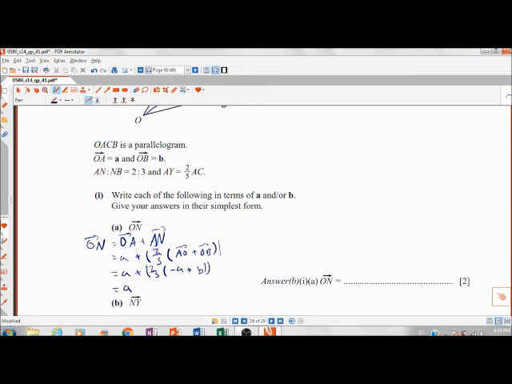So it'll be a minus, sorry, 2 over 5 of negative a plus b. Simplify that and you'd get 3 over 5a plus 2 over 5b. Here's your answer.